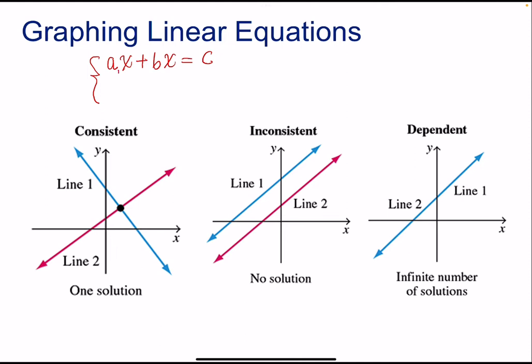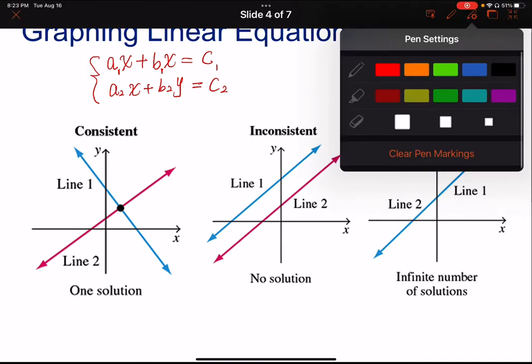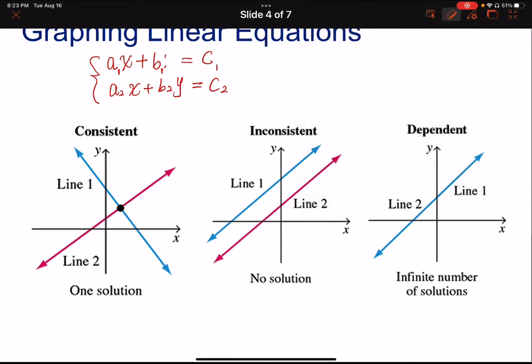By the way, I use subscript 1 to indicate the coefficients of the first equation. Similarly, we have a2x plus b2y equals c2. Earlier I wrote x instead of y, so I corrected that.